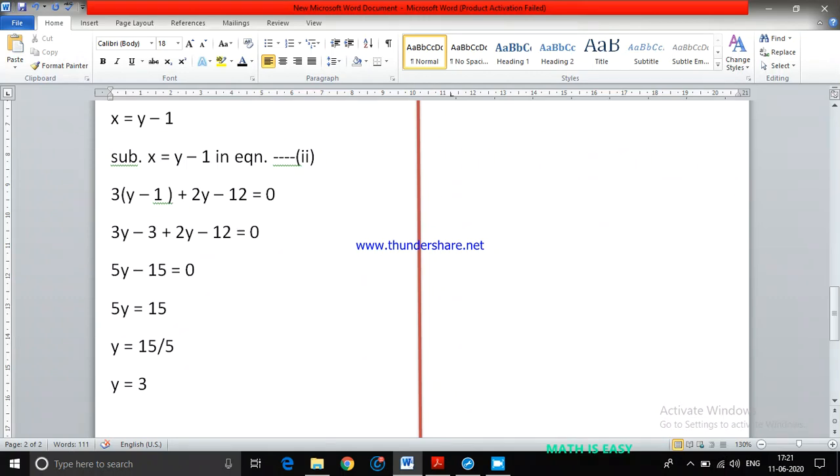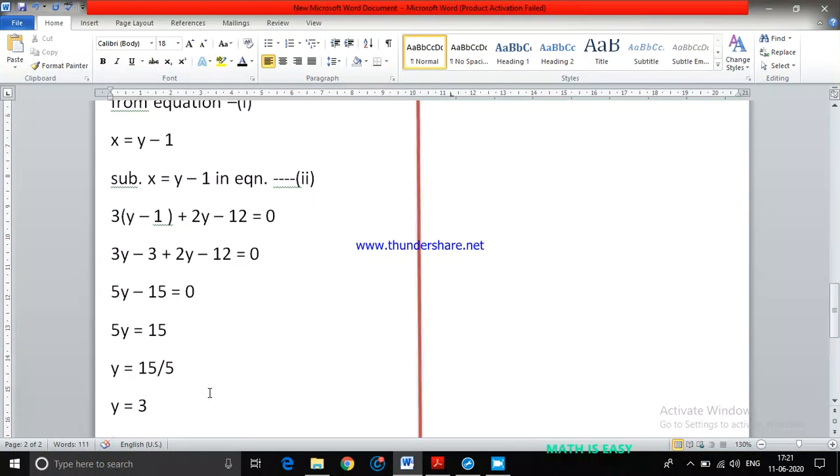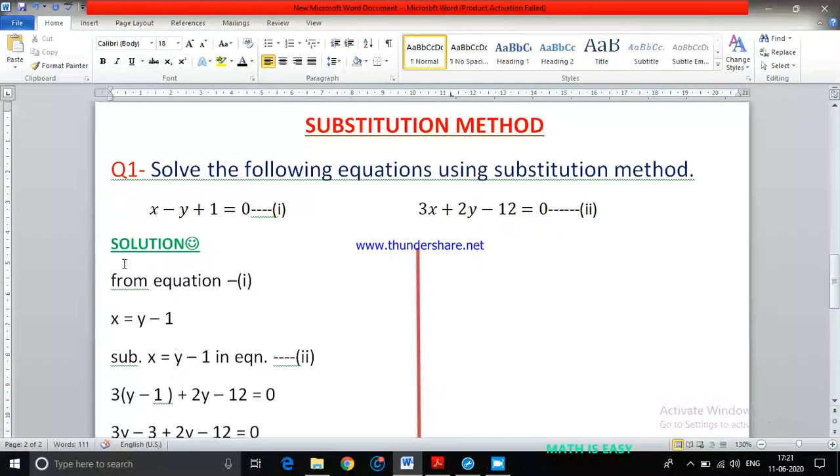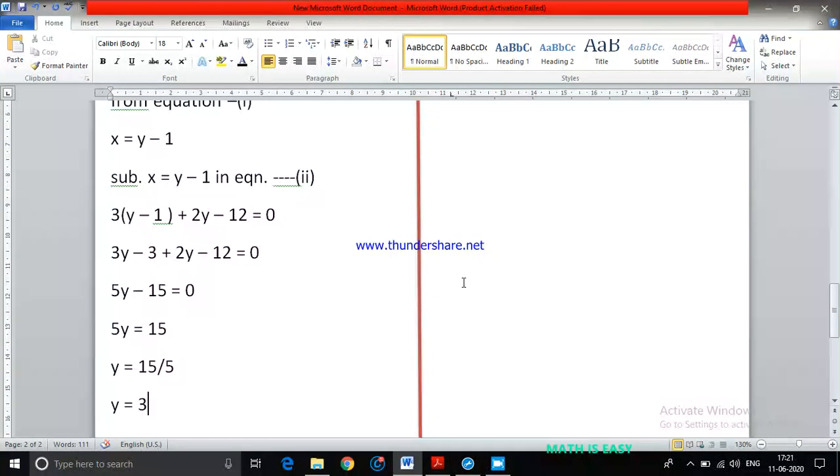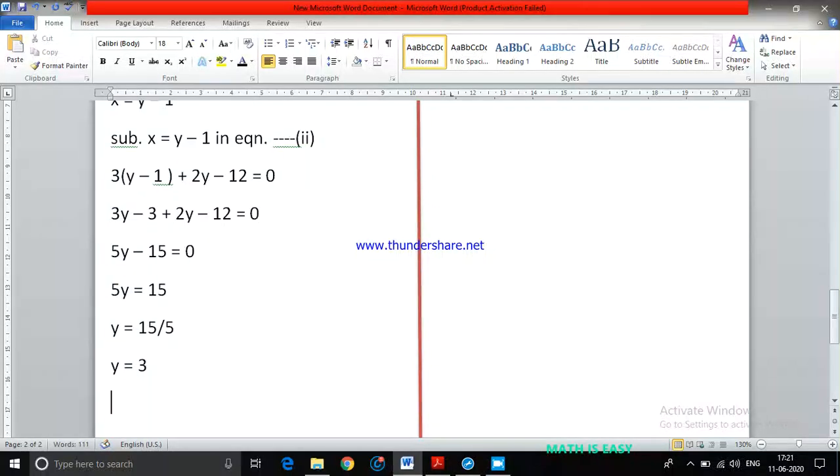Once y value is 3, you can substitute this y value either in equation number 1 or equation number 2. Anywhere you substitute, it will give you the same answer. If I substitute y equals 3 in equation 1, so this statement you have to write, okay, in the exam also.